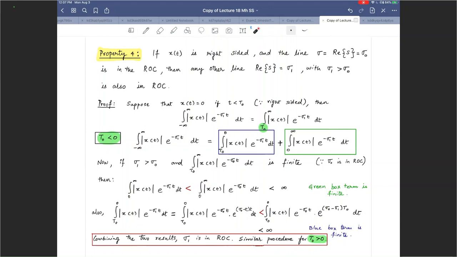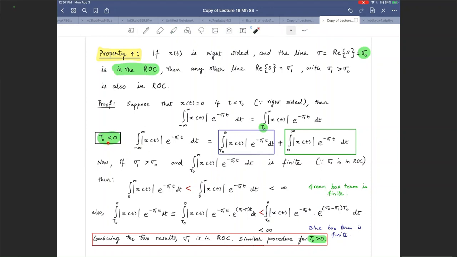So let's take a look at what is going to happen to that integral with t sub 0 less than 0. You have the integration from negative infinity to infinity, absolute value of x of t e to the minus sigma 1 t dt. We have already assumed that sigma sub 0 is in the ROC, right? I can rewrite this integral into two pieces.